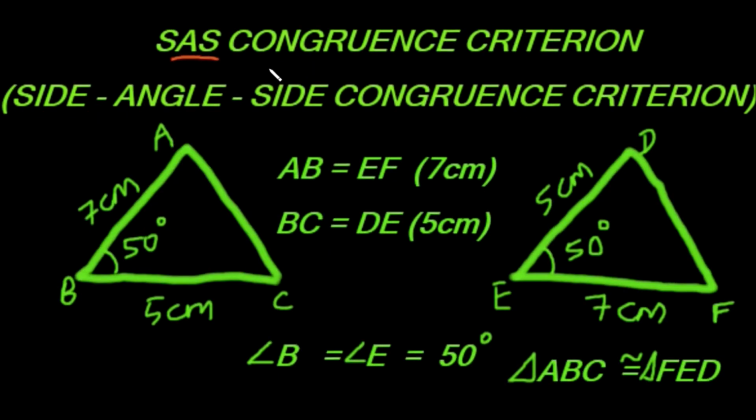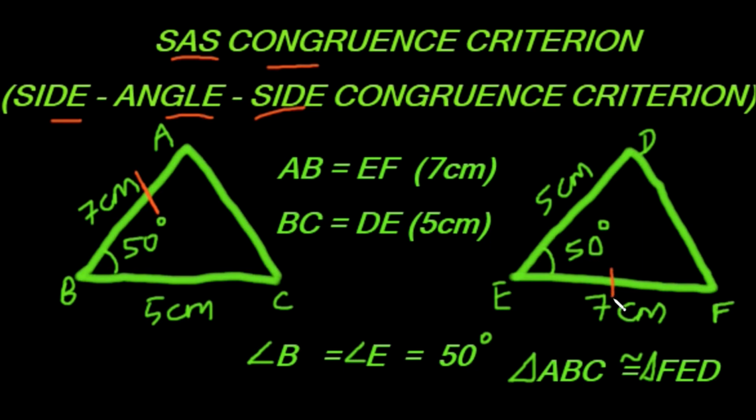Next is the SAS congruence criterion. SAS stands for side-angle-side congruence criterion. Let's have a closer look at these two triangles, triangle ABC and DEF. From these triangles, we can note that the side AB is equal to the corresponding side EF.